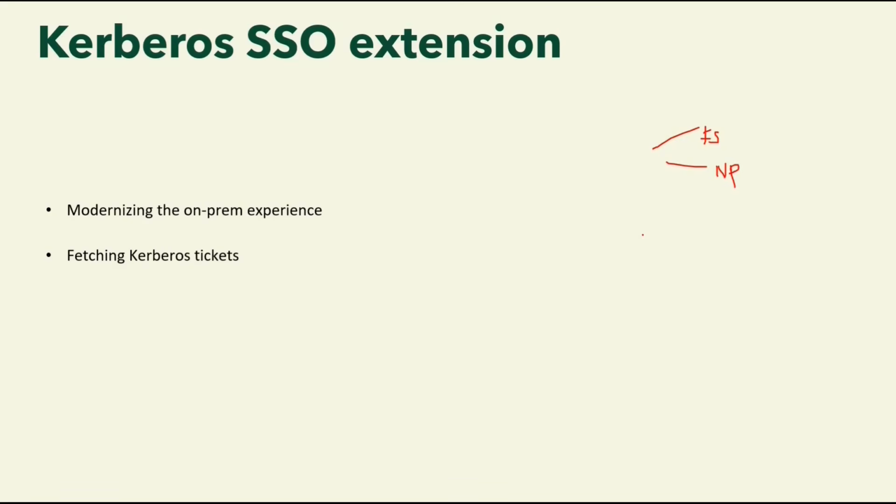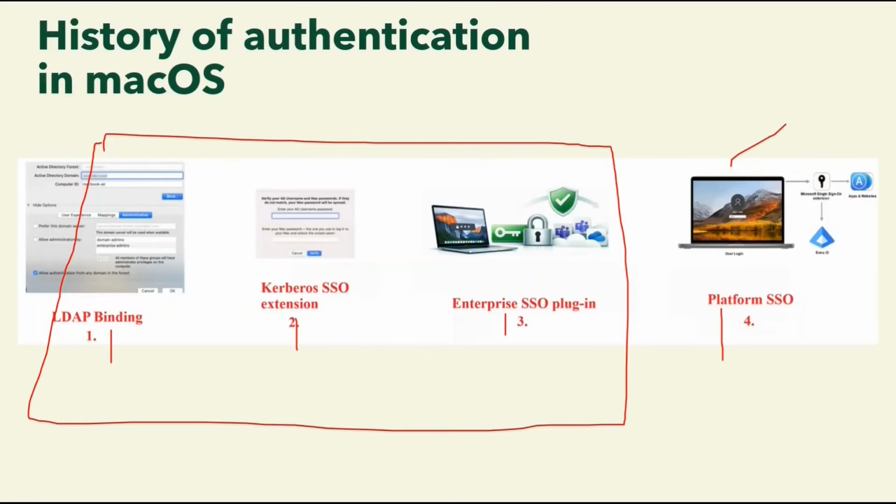But fundamentally, this Kerberos extension was also used for macOS devices which were on-prem joined, meaning macOS devices which had undergone the LDAP binding. So until now, we have understood from this picture what LDAP binding was.